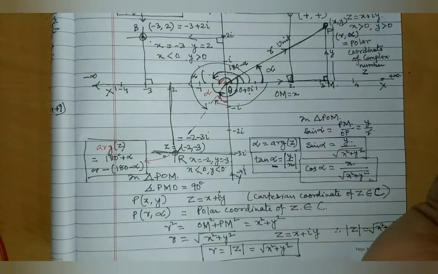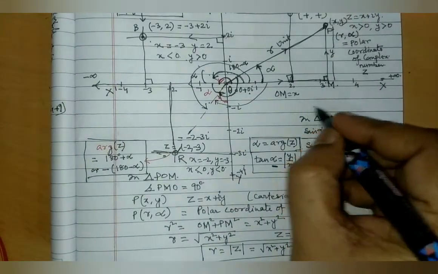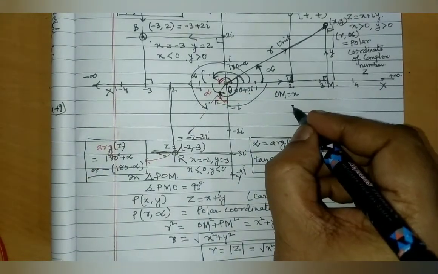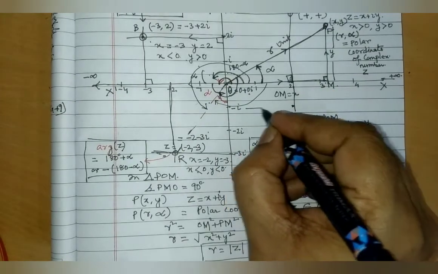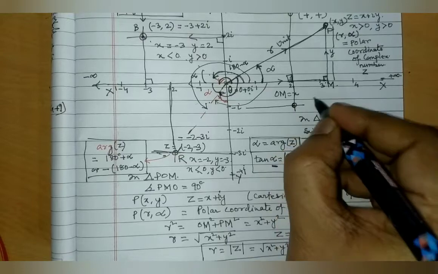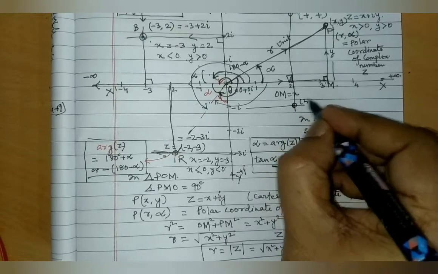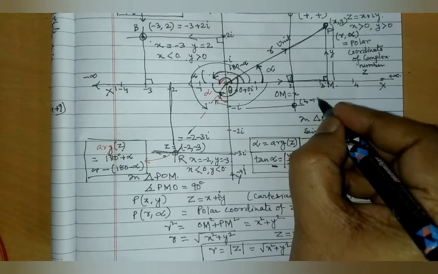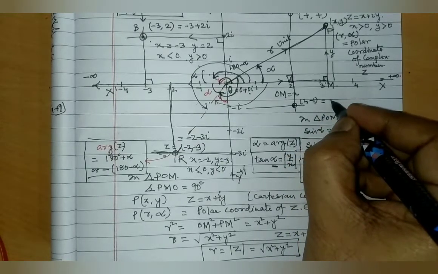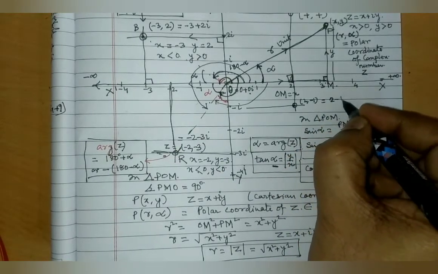So we can find it here. I am taking this and drawing it. It is the complex number 2, and here the coefficient of minus i means minus 1. So this represents the complex number 2 minus 1i.